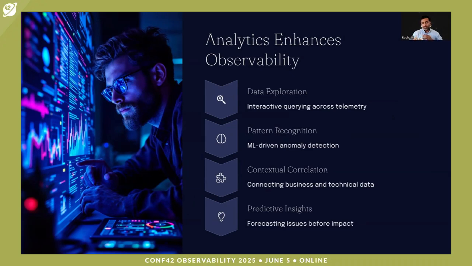Pattern recognition uses machine learning to automatically detect anomalies that may indicate emerging problems. Correlating business and technical data provides important context to understand the impact of issues. Predictive analytics can forecast potential issues before they actually occur, allowing you to get ahead of the problems. These analytics capabilities give us a deeper, more proactive observability into our systems and processes.